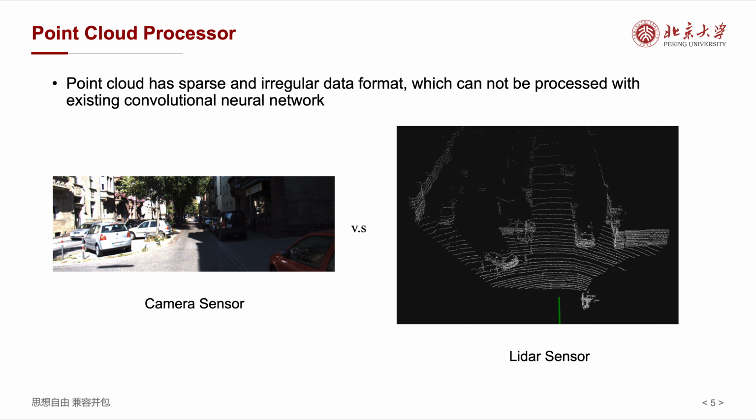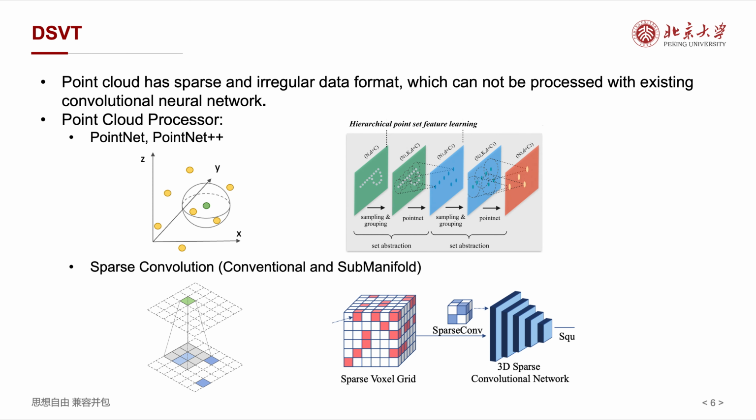Compared to images, point clouds provide sparse and irregular data that require specialized processing techniques. Point clouds have a sparse and irregular data format which cannot be processed directly with existing convolutional neural networks, so we need to support sparse feature learning from raw point clouds.